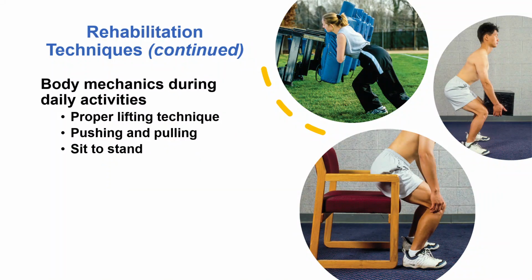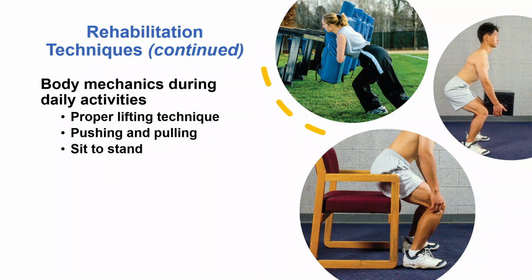Firstly, proper lifting technique. Shown in figure 17.13, you can see the individual lifting what looks like a heavy box. What you can see is that the back should remain unchanged during the activity. The legs are being used by flexing the hips, knees, and ankles to move or lift the object.